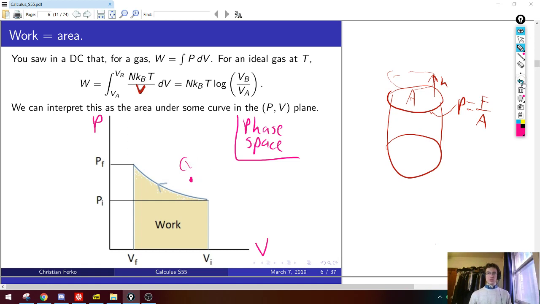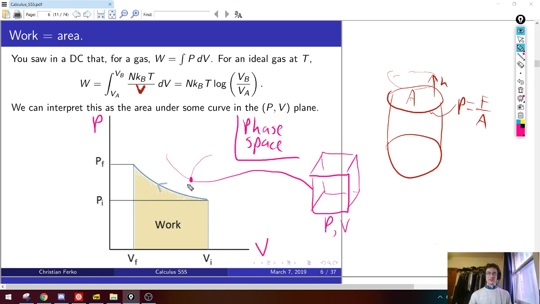We're thinking of one point in this space as corresponding to an entire configuration, an entire specification of the ideal gas parameters, right? So one point in this plane is an actual box of an ideal gas with a given pressure P and a volume V. And as you move around in this plane in different directions, you're changing the volume and the pressure.